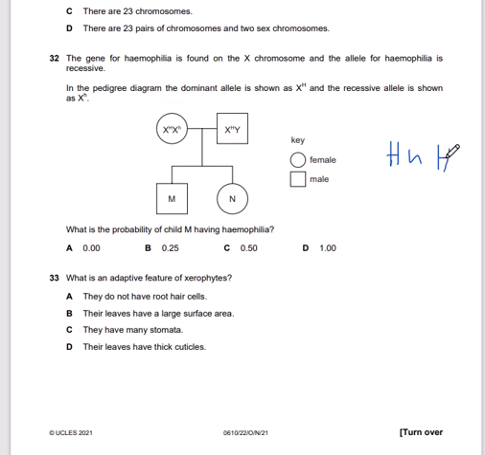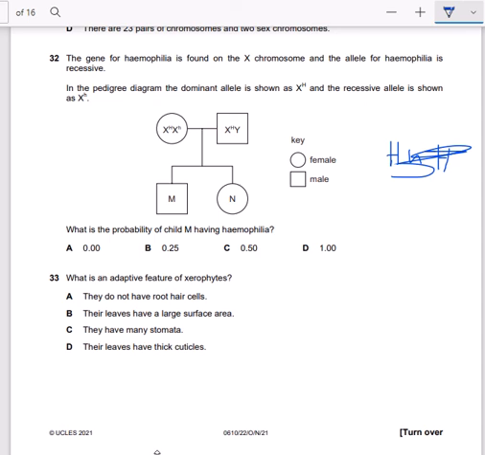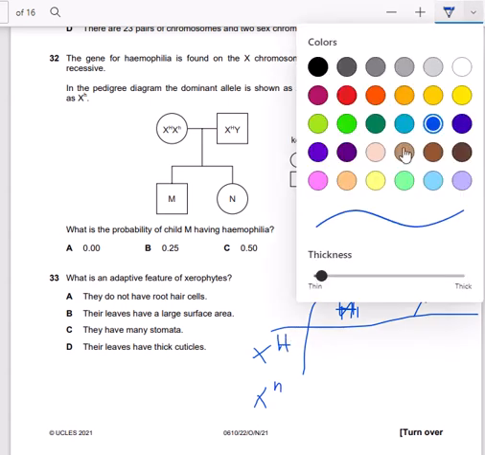H. Oh, I'm sorry. Just forget this. Y, and then here's X, X, H, and H. Let me just correct this.